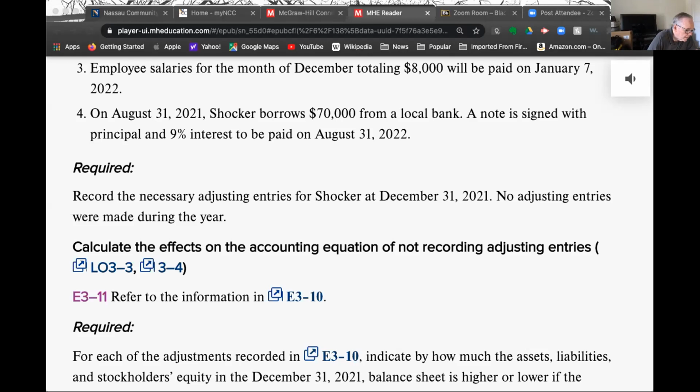Salaries for the year earned by employees but not paid to them or recorded are 5,000. Right? Another pretty simple one. Salaries expense and salaries payable.